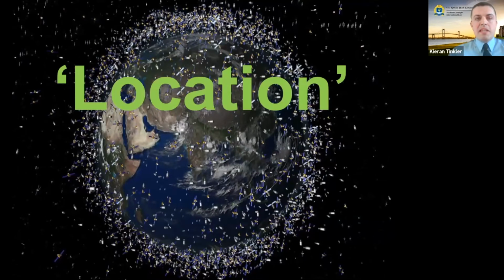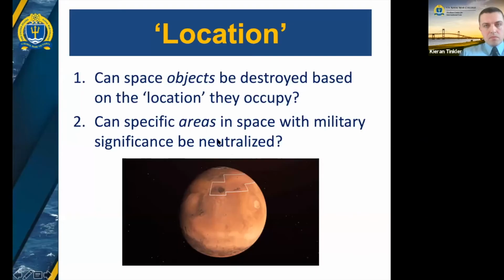Okay, so having talked about nature and sort of raised a few questions there, we'll move on to location. So I think the location criterion in Article 52 gives rise to really interesting issues in counter space operations, and we obviously talk about things in outer space.